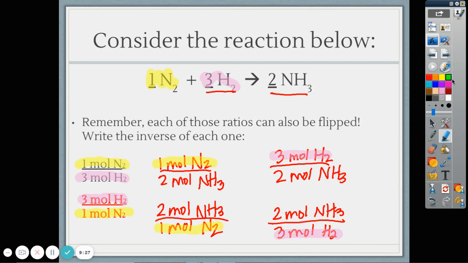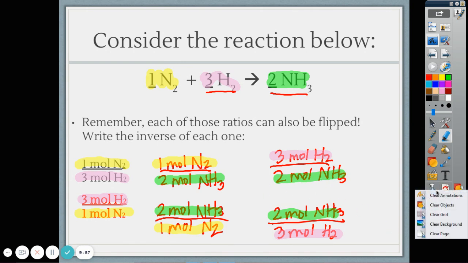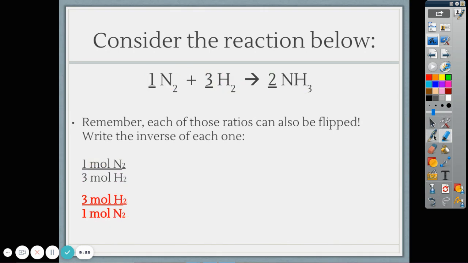And then lastly, NH3 has a 2 with it. So anywhere I wrote a ratio with NH3, it always had a 2. So it's super important that you're being really careful, and whatever coefficient is there, you're keeping that with that compound in the ratio. Otherwise, your answers will be very messed up.